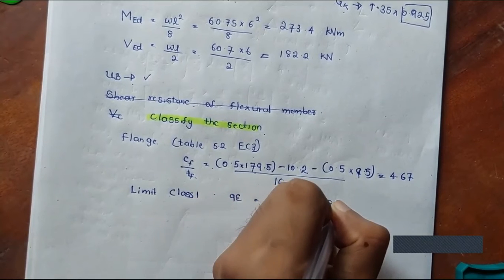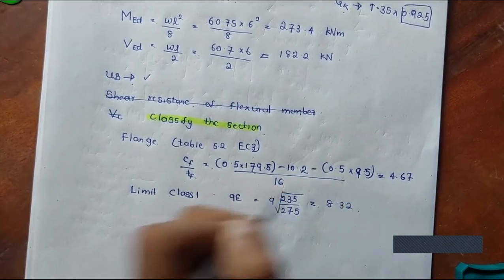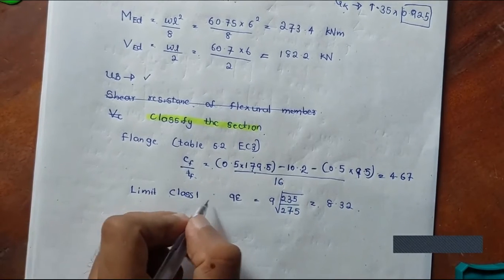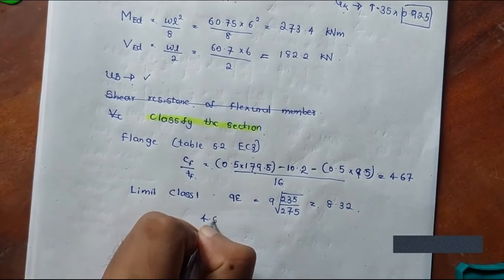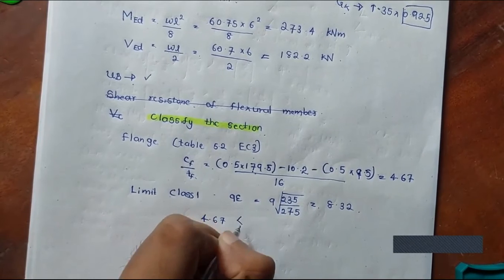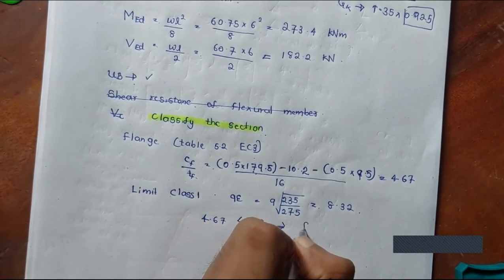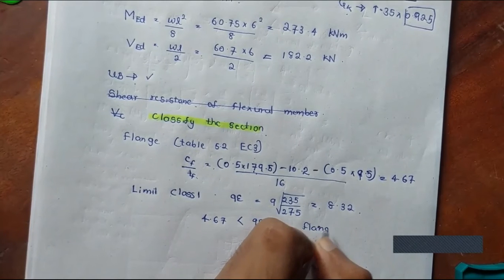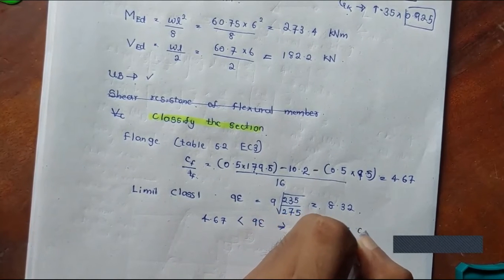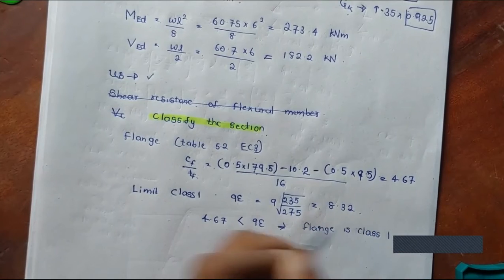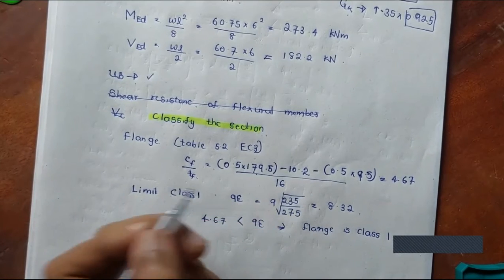That's going to be 8.32, right? So hence this 4.67 is smaller than 9 epsilon naught. So the flange is class 1. It's within the limit, right?